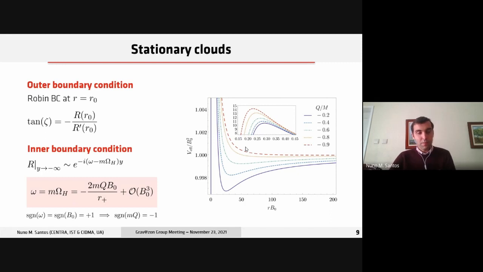And this synchronization condition happens in one-dimensional subsets of the two-dimensional parameter space of these black holes, which are described by the mass and the charge. We'll see this in a bit.